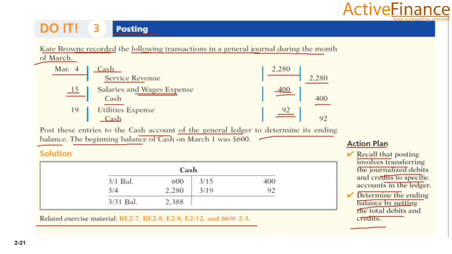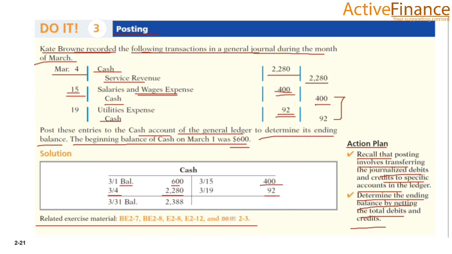The beginning balance of cash on March 1st was 600. It was the ending balance of the previous month, that's why it will be recorded as the beginning balance of 600. The cash increase we record on the debit side, which is 2280, and we record the 400 on the credit side and 92 on the credit side too, because there are two transactions that are credited.